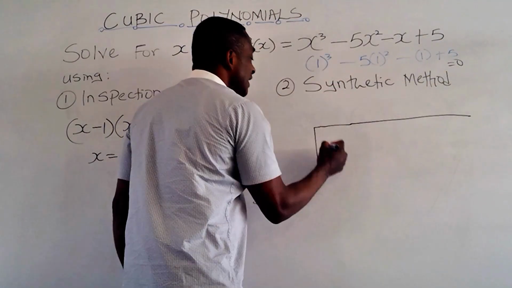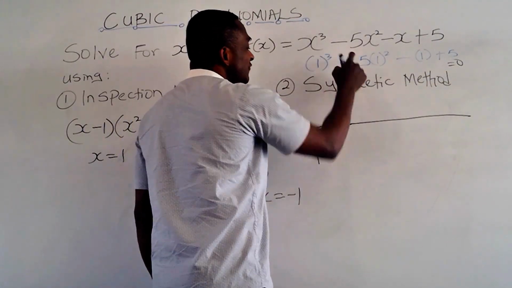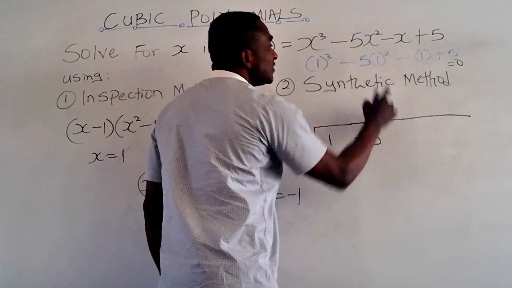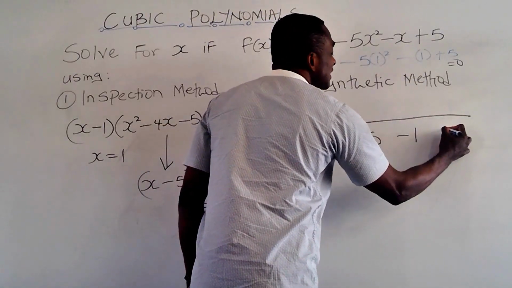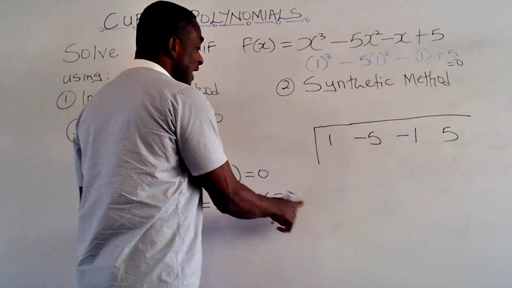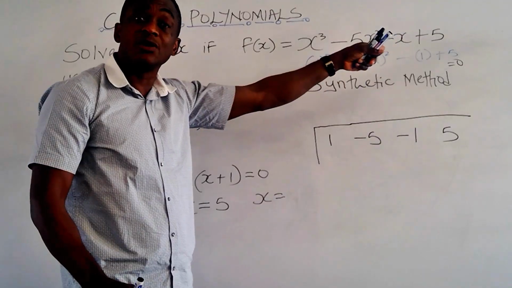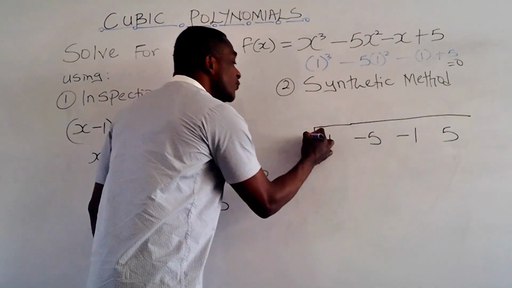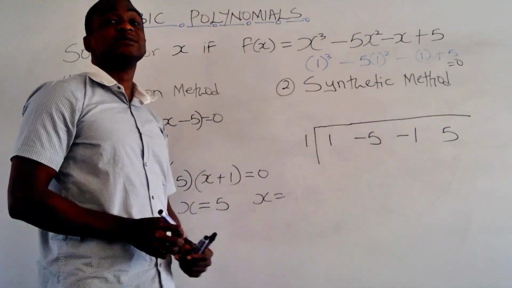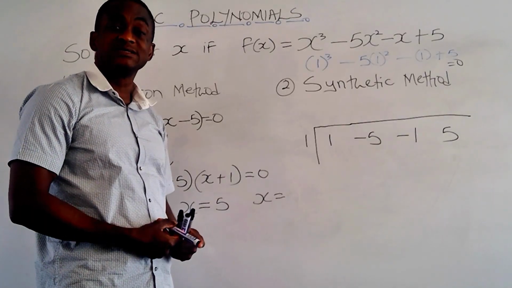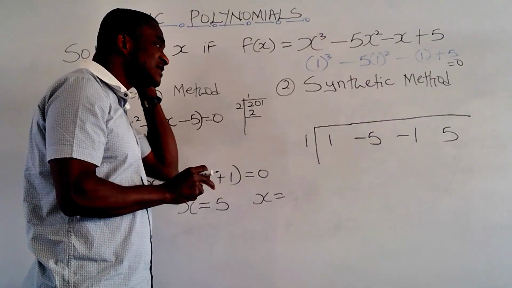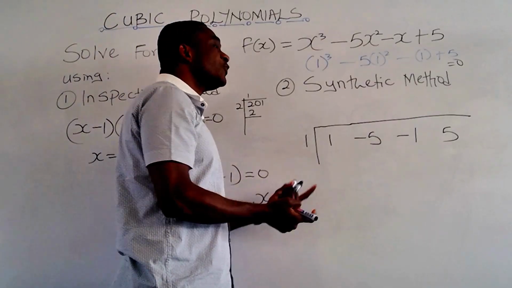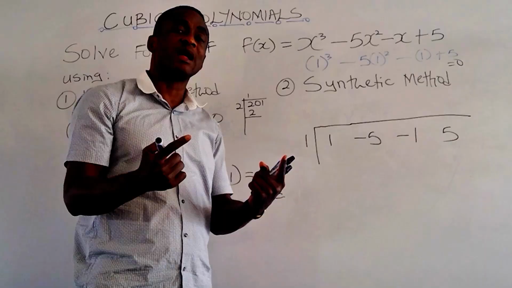The coefficient here is 1, the coefficient here is -5, the coefficient of the third one is -1, the last term is 5. Now, the second approach, the factor that we got was x equals 1. We start dividing. In long division, we divide, multiply, subtract. Here it is slightly different.